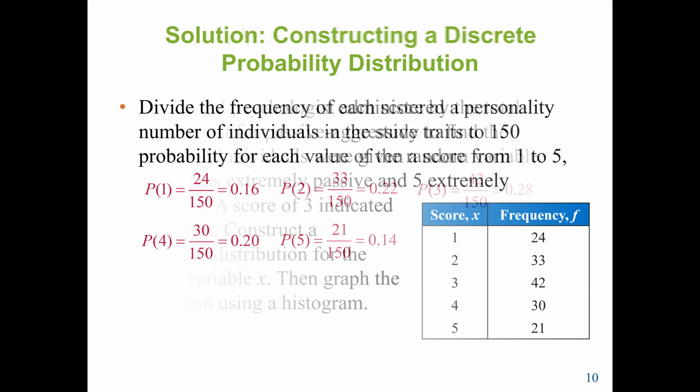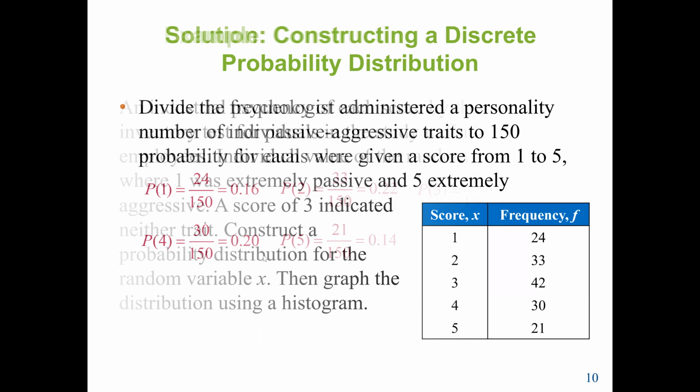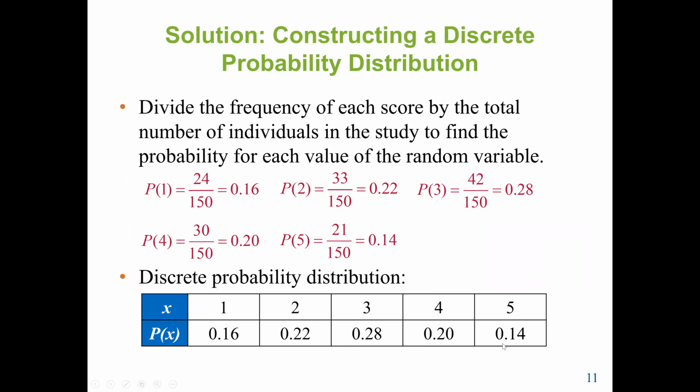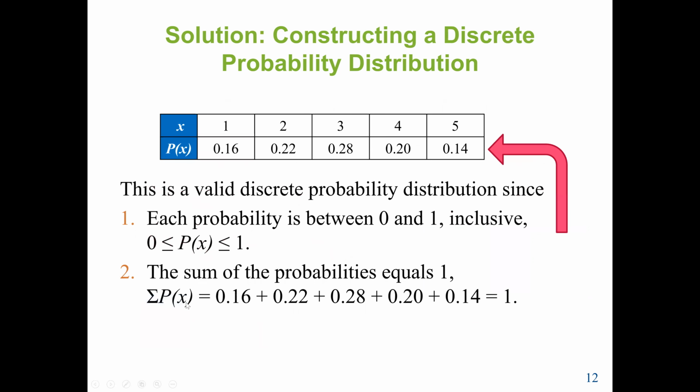So how do we get this again? Find the total frequency. Then divide 24 by the total frequency, 33 by the total frequency, 42 by the total frequency, 30 by the total frequency, 21 by the total frequency. And that will give us our probability values here. Now, if we add all the probability values, we should get 1. And that's what we did here.